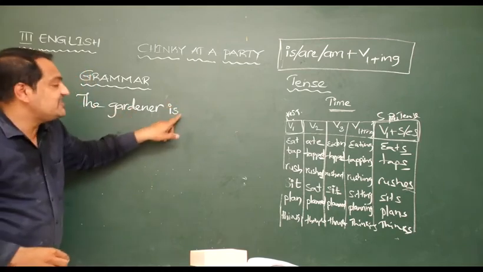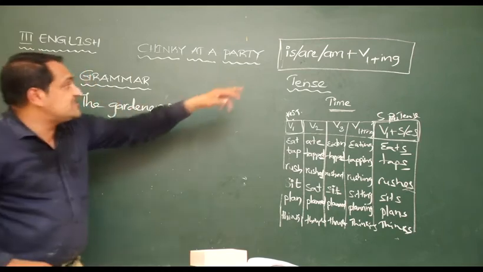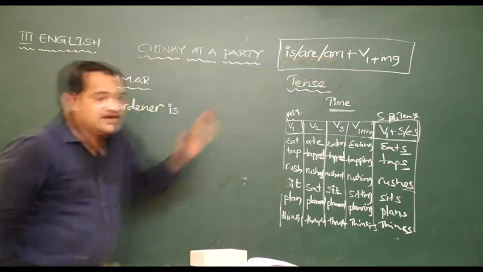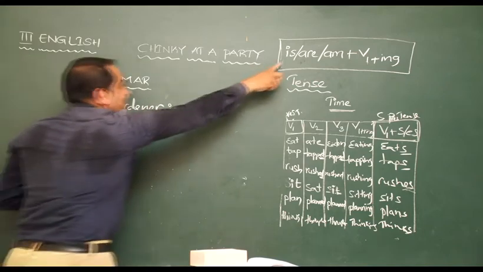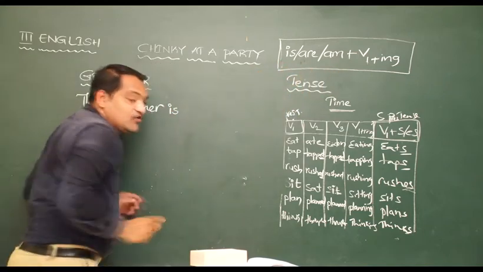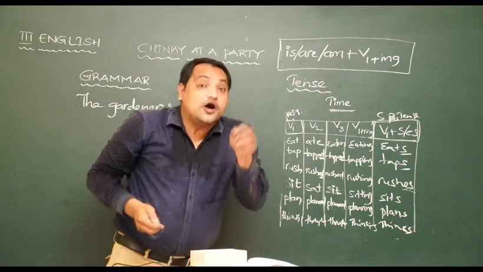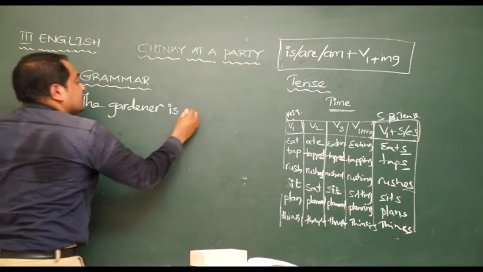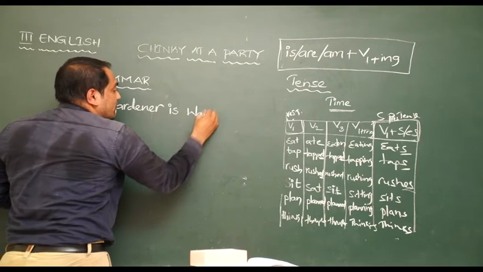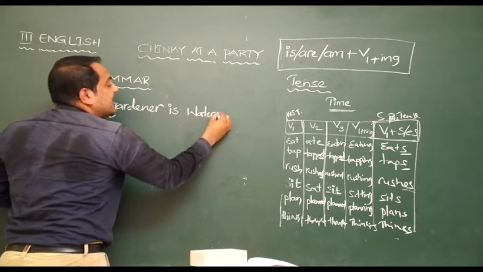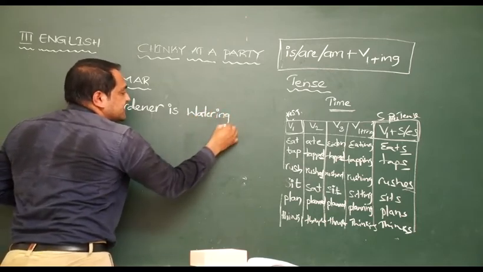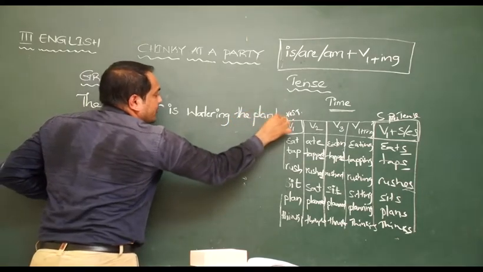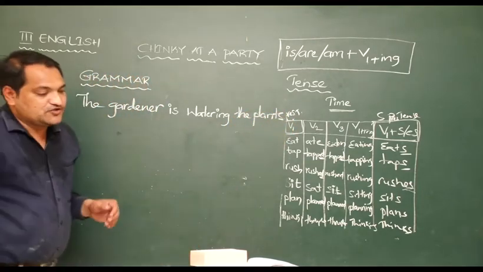One person is, more than one person are, I am. The gardener is V1 plus ing. What is the verb here? Waters. So V1 water plus ing, watering the plants. I hope everybody understood. Let's go to the next one.